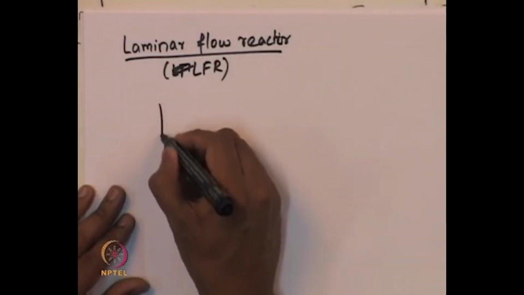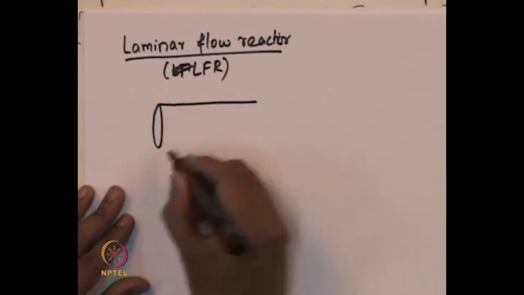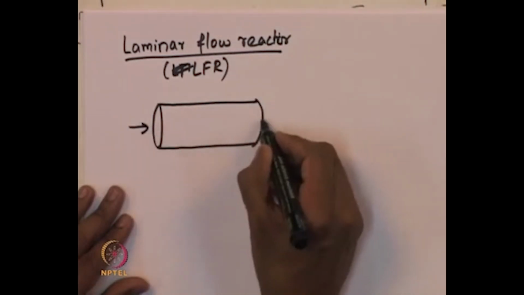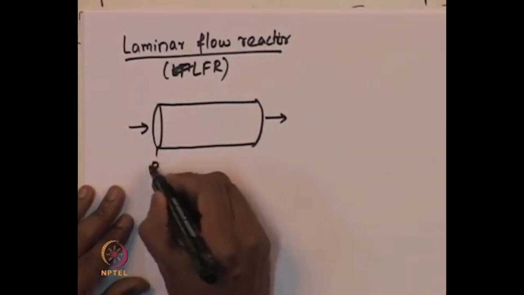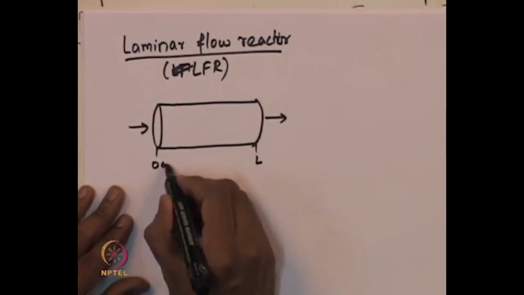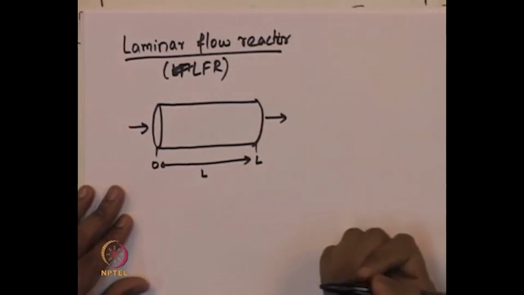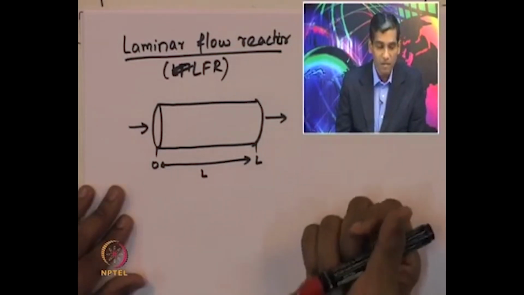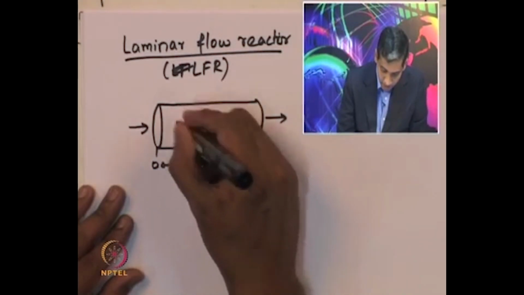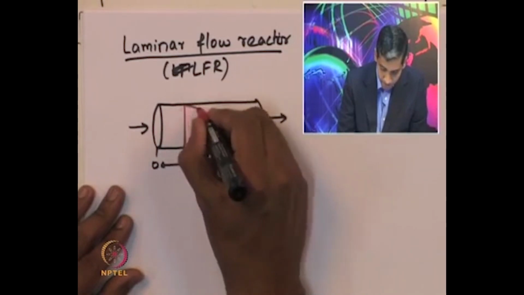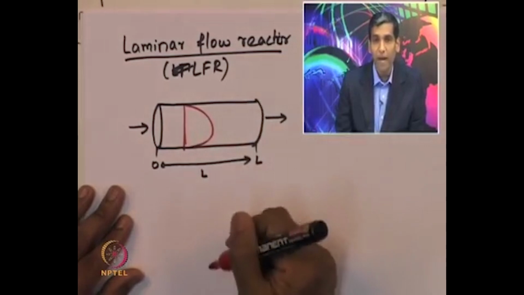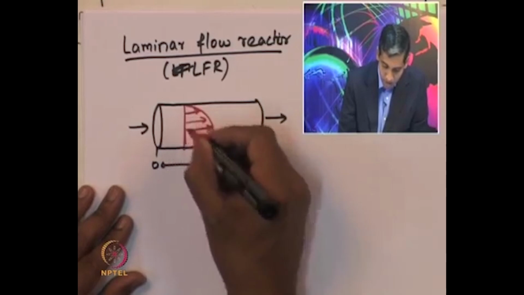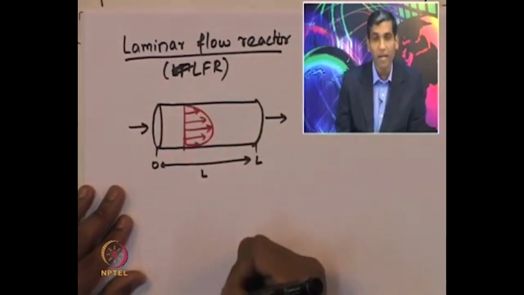Suppose there is a tank and a fluid stream which is entering at 0 and leaving at L. So, that is the length of the reactor, that is L, and the fluid is entering under laminar conditions, and it is expected that there will be a parabolic velocity profile, with maximum at the center and 0 near the walls.